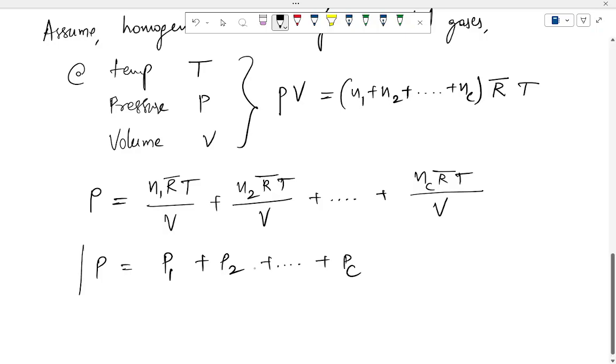So this is how I can prove Dalton's law of partial pressures, where P is the total pressure.